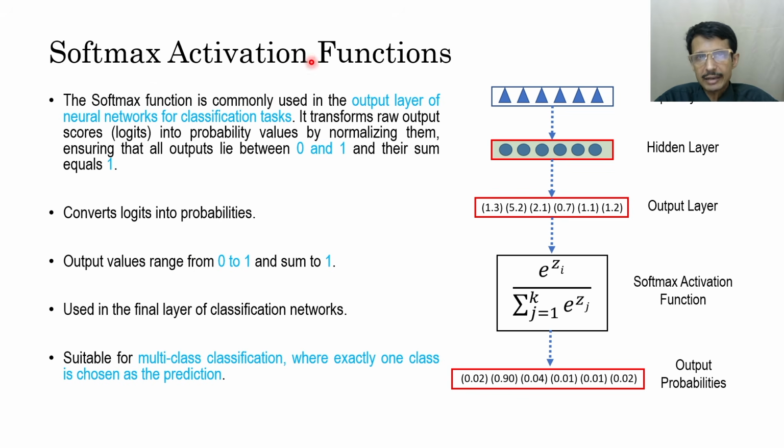Next comes the softmax activation, basically used in the output layer of a neural network for classification tasks.